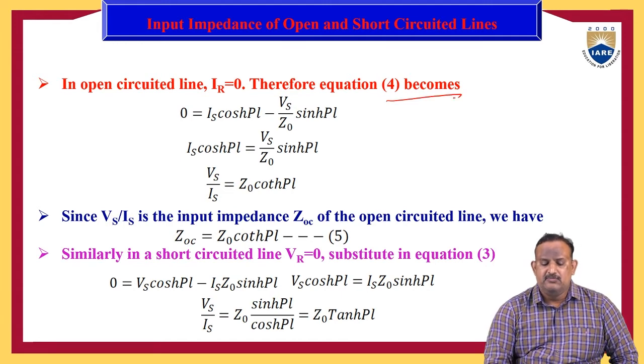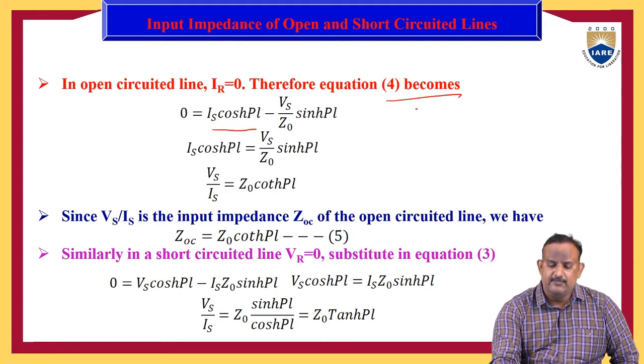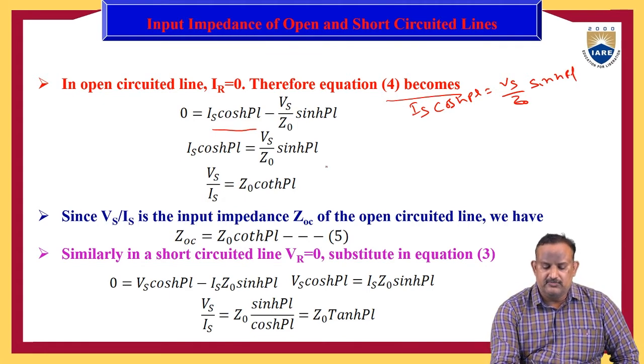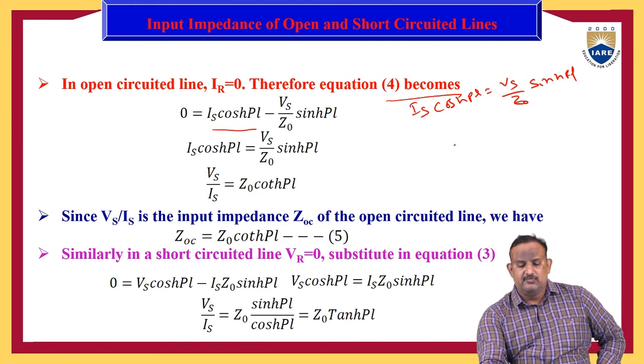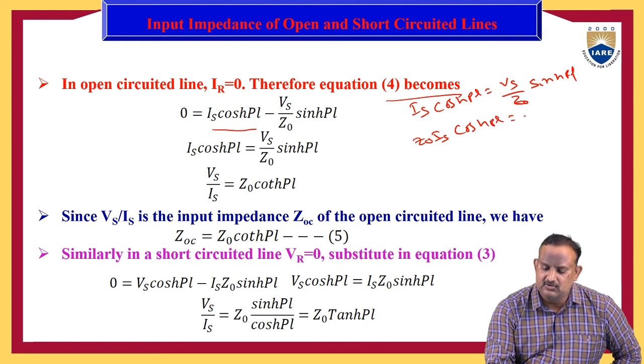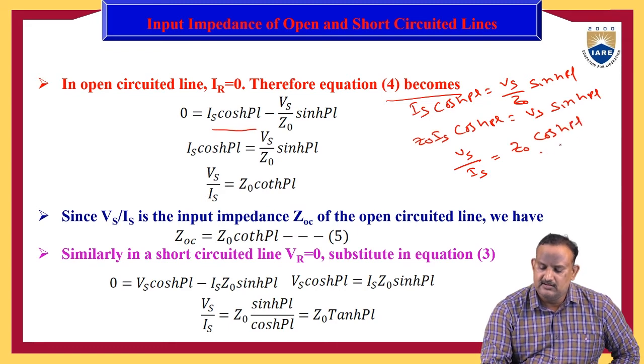Therefore, equation 4 becomes, substituting IR equal to 0, Is cosh γL minus Vs by Z naught into sinh γL equal to 0. So we can write Is cosh γL is equal to Vs by Z naught into sinh γL. Rearranging the equation, Vs by Is is equal to Z naught into cosh γL by sinh γL, and Vs by Is is equal to Z naught into coth γL.